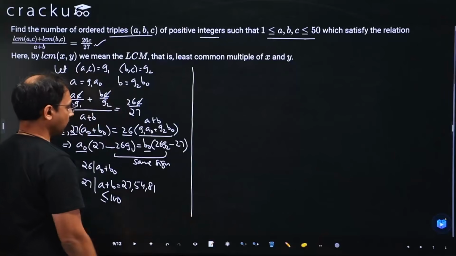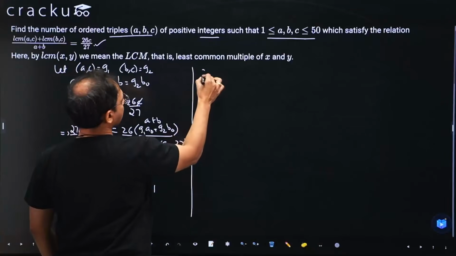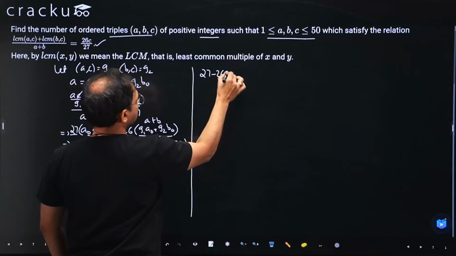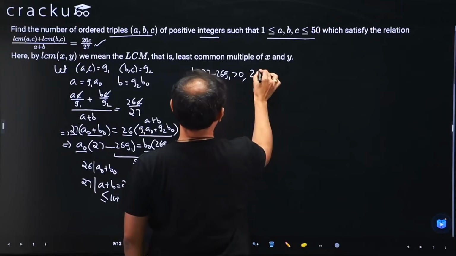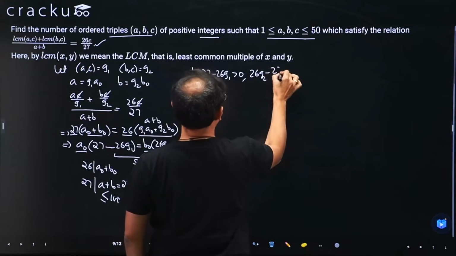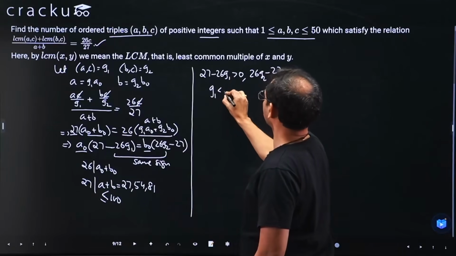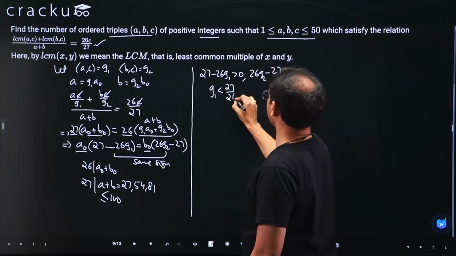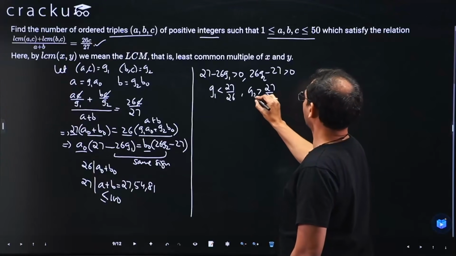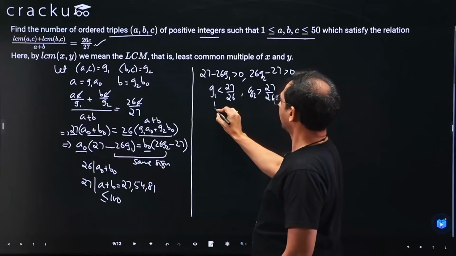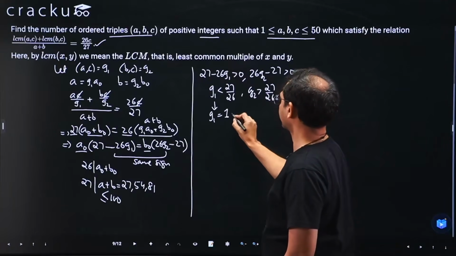Now let us take two cases. These two terms are both positive. First case, 27 minus 26 G1 is positive and 26 G2 minus 27 is also positive. Here I'll get G1 is less than 27 by 26 and G2 is greater than 27 by 26. Here there is only one possibility, G1 is equal to 1.